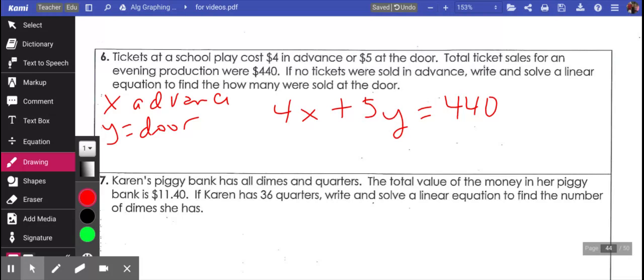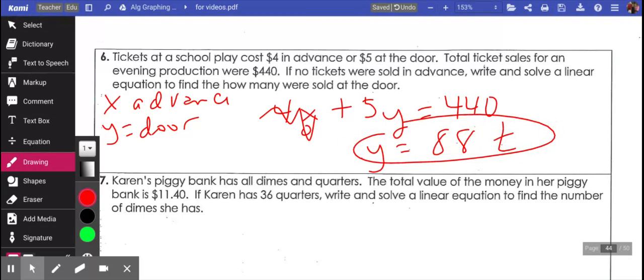If no tickets were sold in advance, write and solve a linear equation to find how many were sold at the door. So obviously, if no tickets were sold in advance, this would be 0, which basically cancels that out. So you have 5y equals 440, divide by 5, and you get 88 tickets.